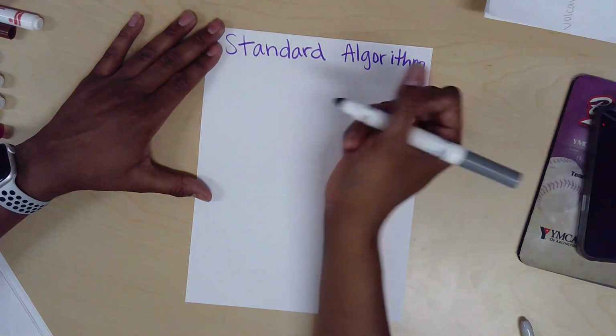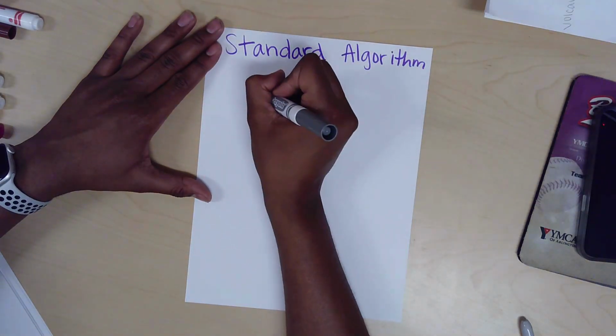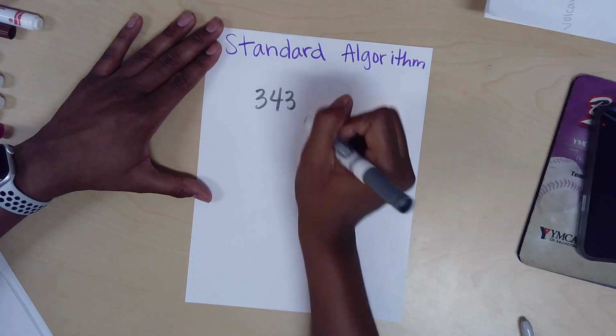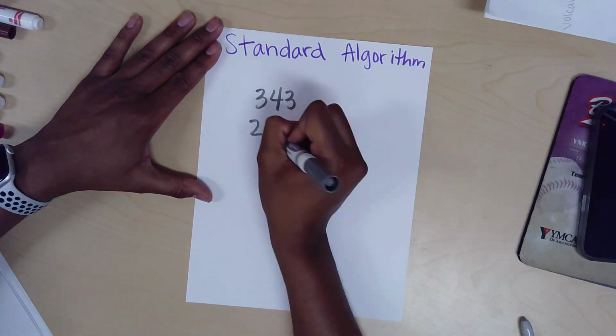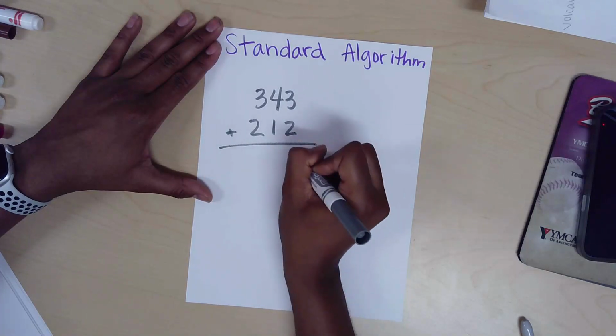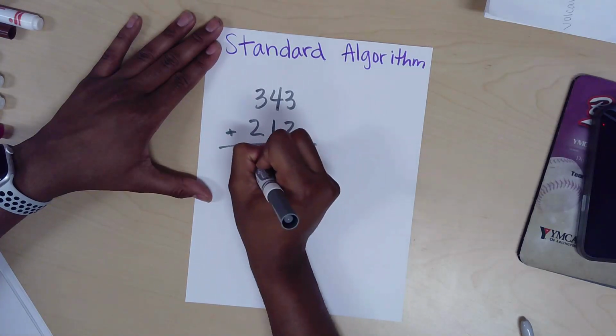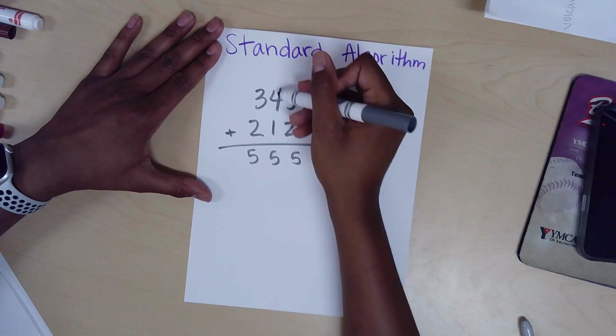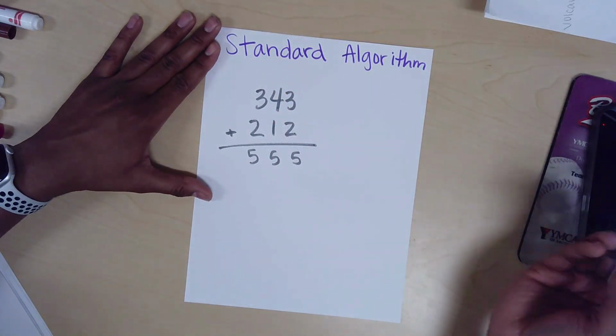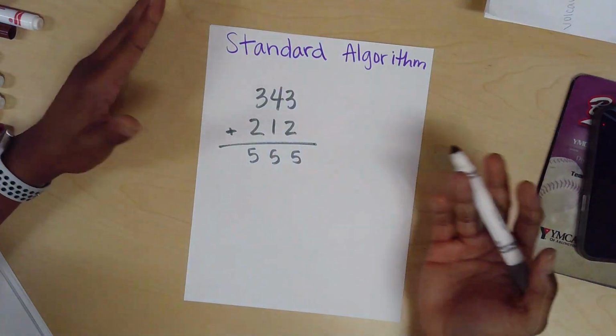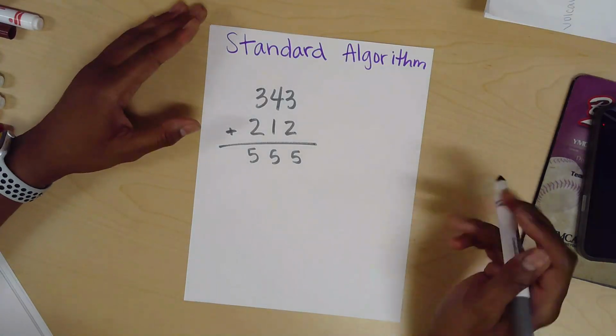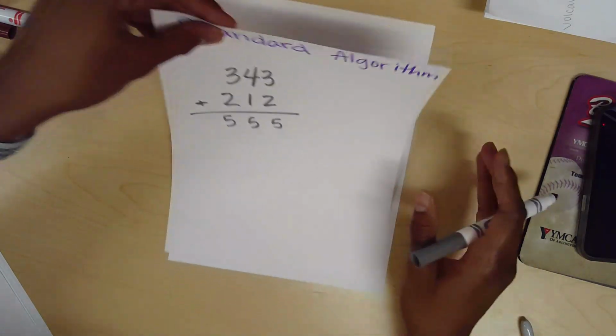So, but, you know, standard algorithm, which, I don't really know if I needed to show this, because obviously you can all do this. But, you know, 3 plus 2, 5, 4 plus 1, 5, 3 plus 2, 5. Of course, it's the fastest way, but that's not the point.